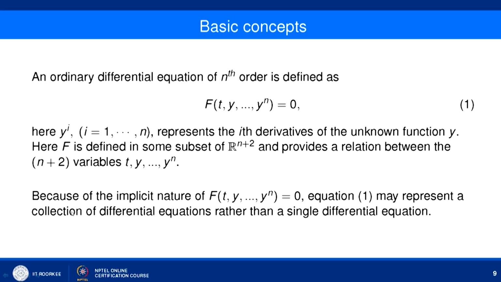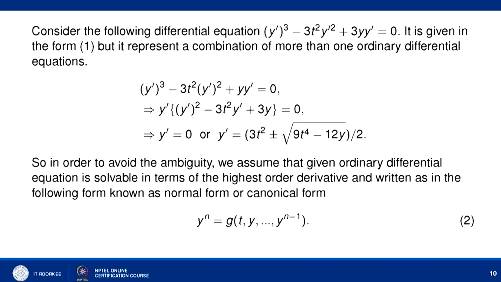This is the general definition of an ordinary differential equation of nth order, but because of the implicit nature of this function f, this may represent more than one differential equation, or we can say it may represent a collection of differential equations rather than a single differential equation. Let us explore this possibility.